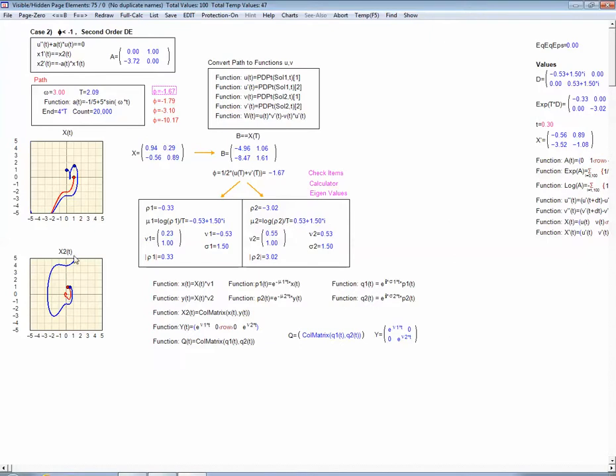Incidentally, why do both of them run off to infinity here when only one runs off to infinity down here? Well, these solutions, remember x2 is a fundamental set. So the columns of x2 are solutions, just like the columns of xt are solutions.